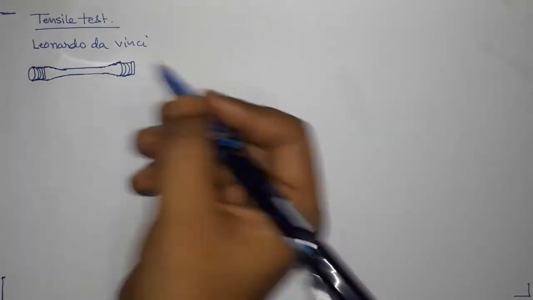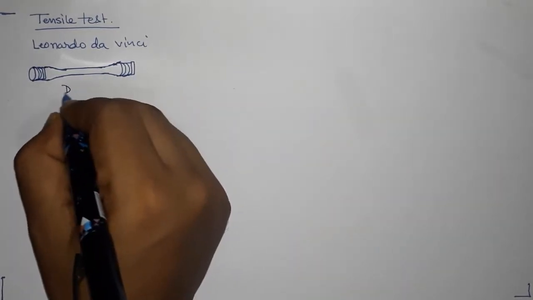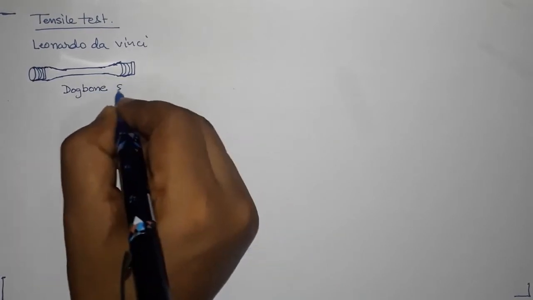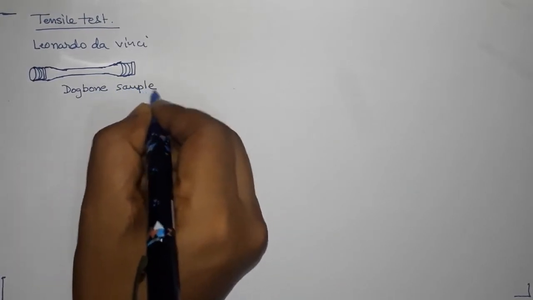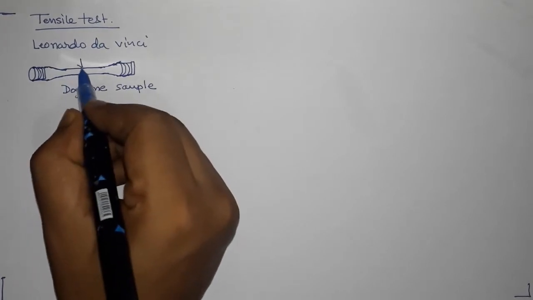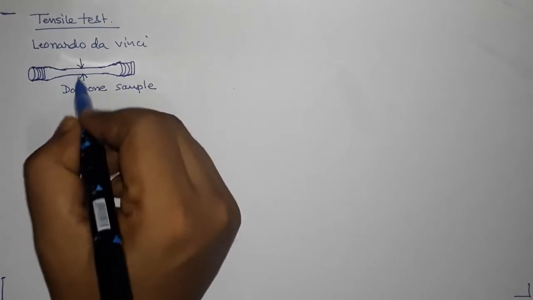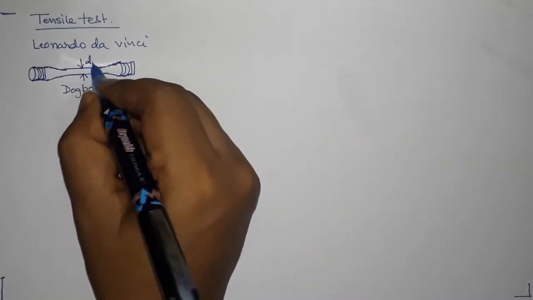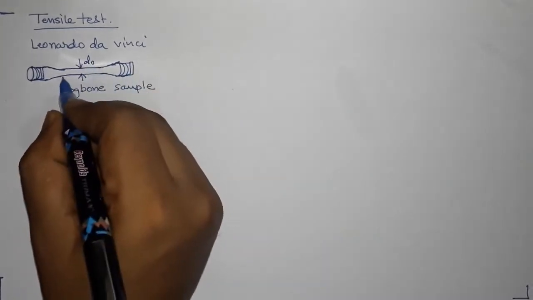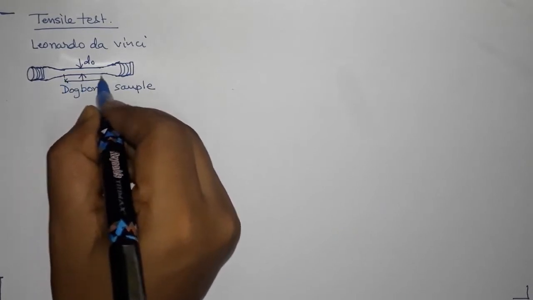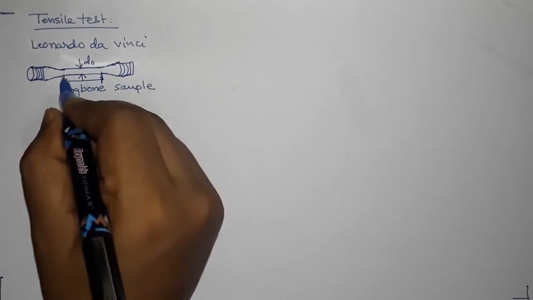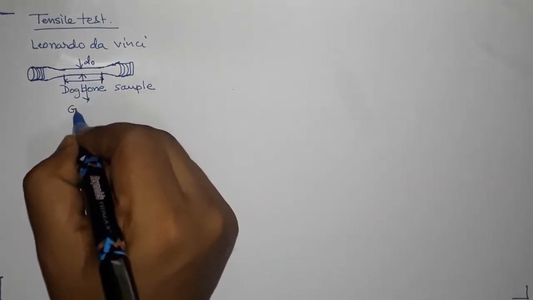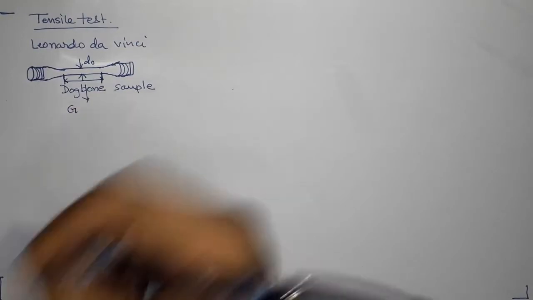So this is called a dog bone kind of sample, dog bone sample, right? And so this cross section, the diameter here, you can call that initial diameter, and this length where the two edges are parallel is called the gauge length.